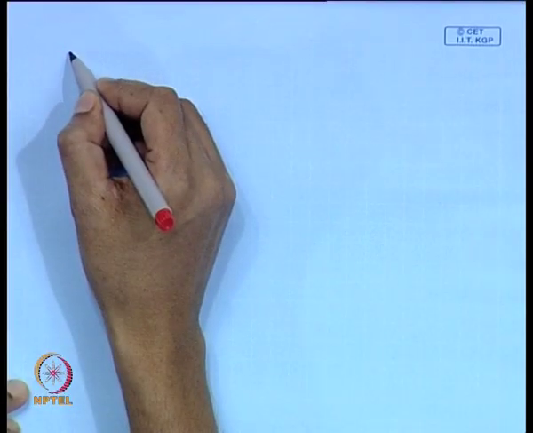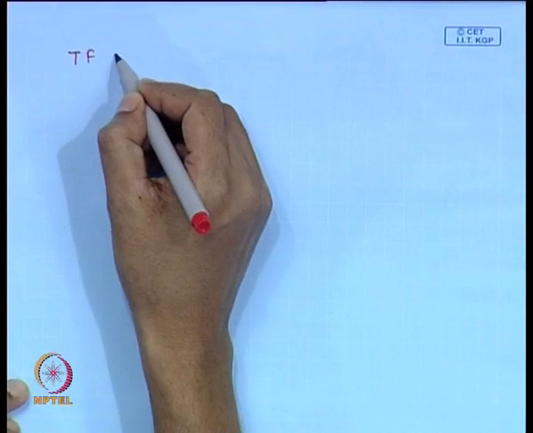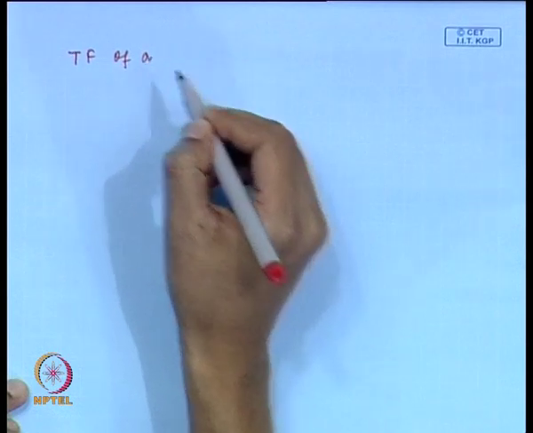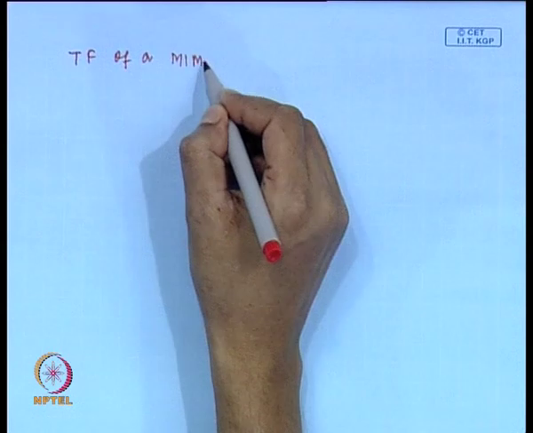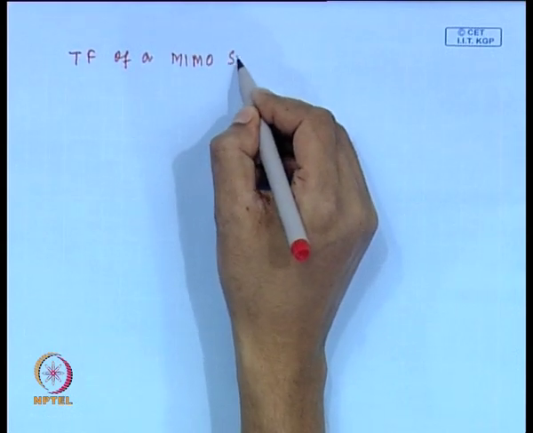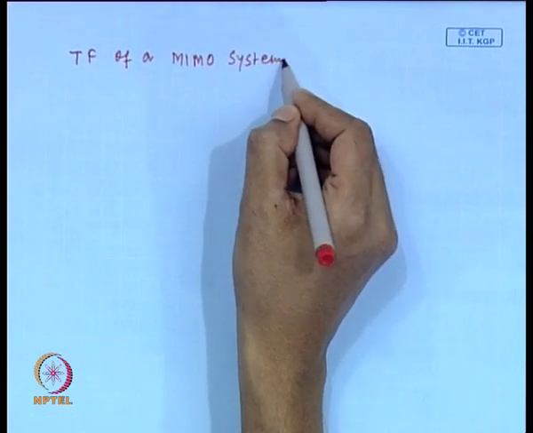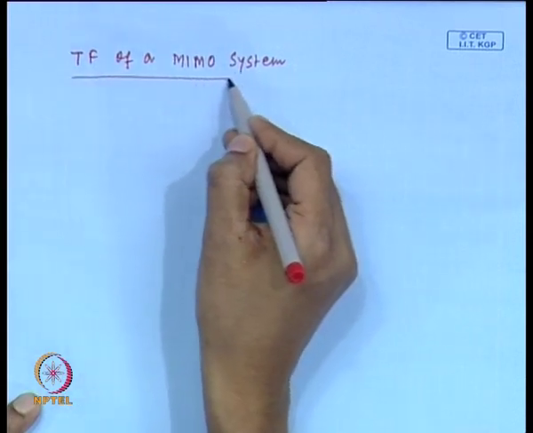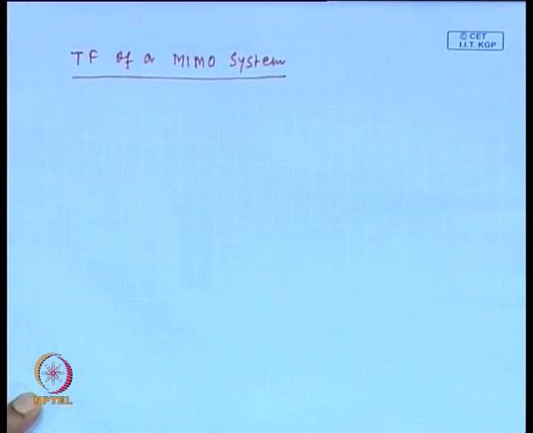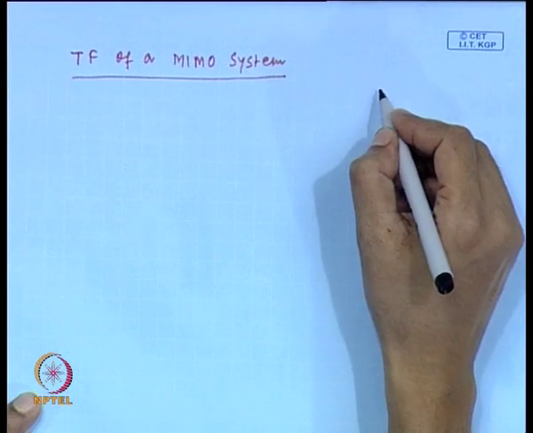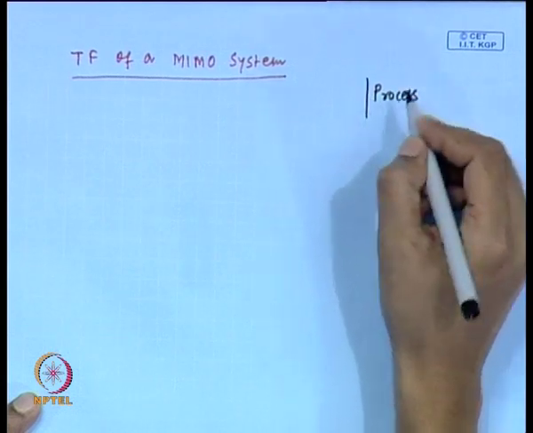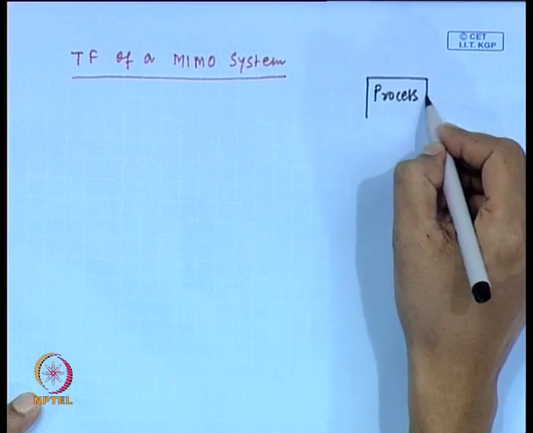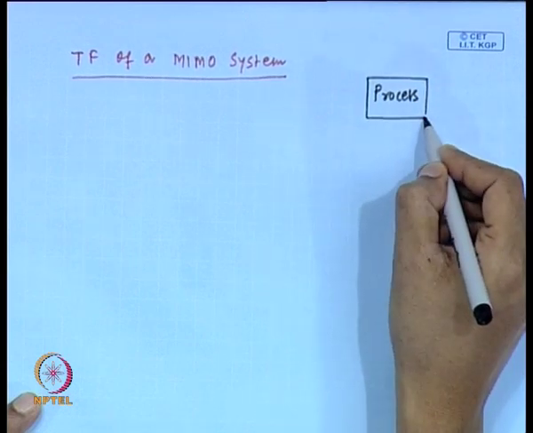So, transfer function of a multi input multi output system. Now, the process we will represent in this way. This is the process.